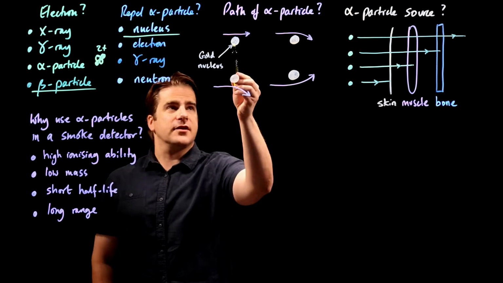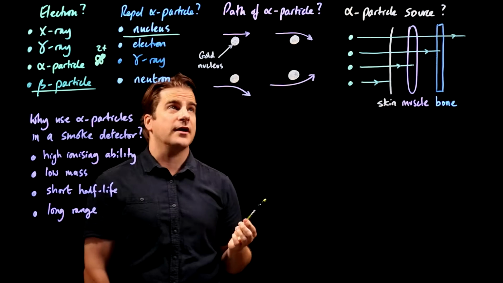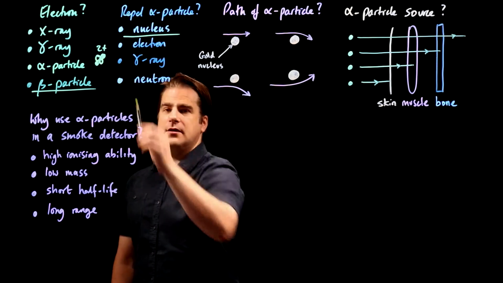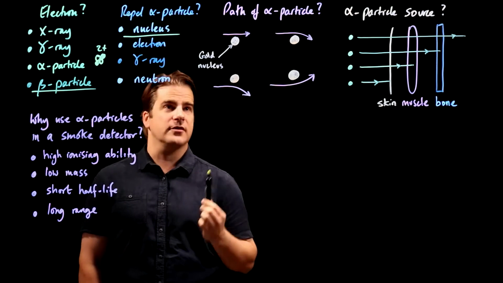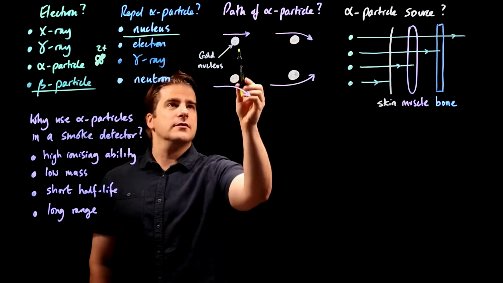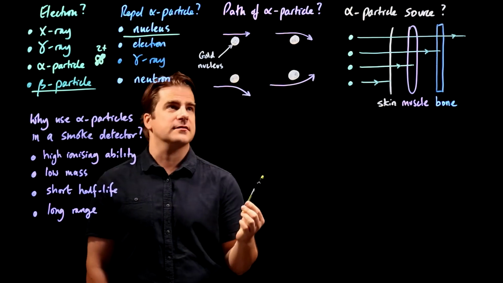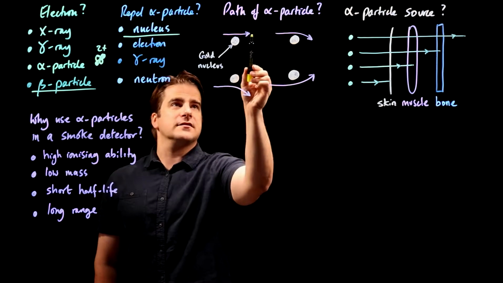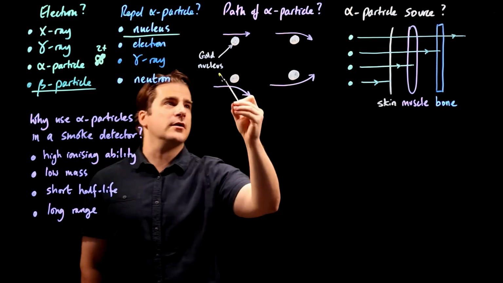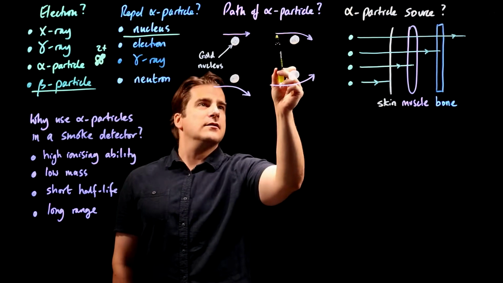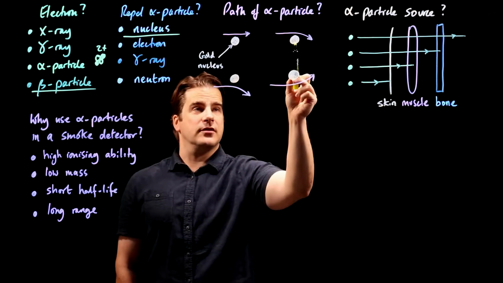So this is the nucleus of a gold atom. Which of these shows the path of an alpha particle? Okay, again, an alpha particle, just to remind you, it's got a +2 positive charge. So a nucleus, like we've just talked about, will repel an alpha particle. That one just goes straight past without affecting it, so that can't be right. It's not that one. Here, the alpha particle is being attracted towards the nucleus.